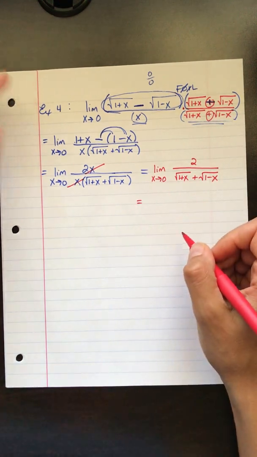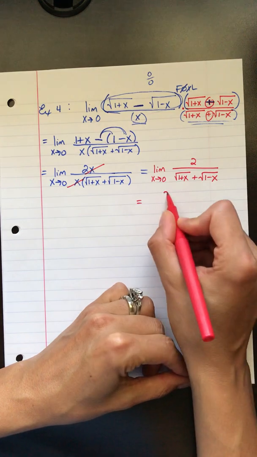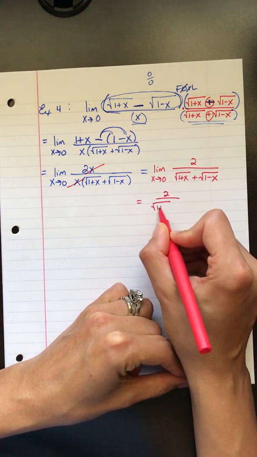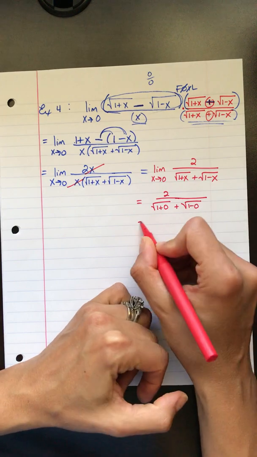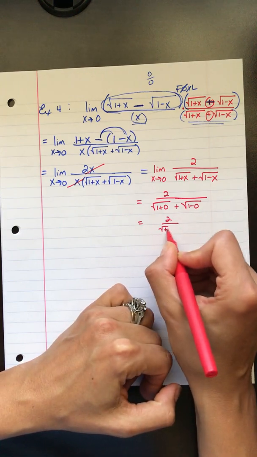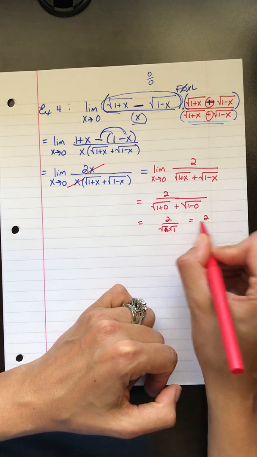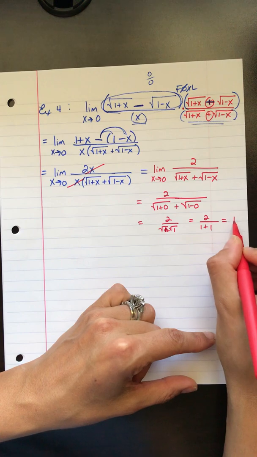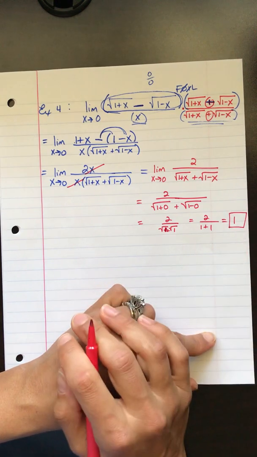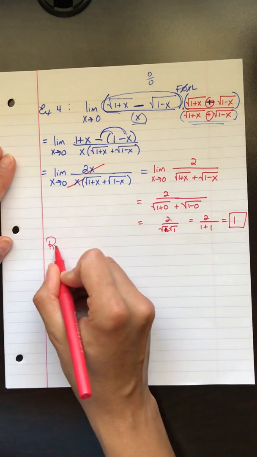Watch what happens now. The 0 is something I can plug in. 2 over rad 1 plus 0 plus rad 1 minus 0, which is 2 over rad 1 plus rad 1, which is 2 over 1 plus 1, which of course is 2 over 2, and the answer is 1.